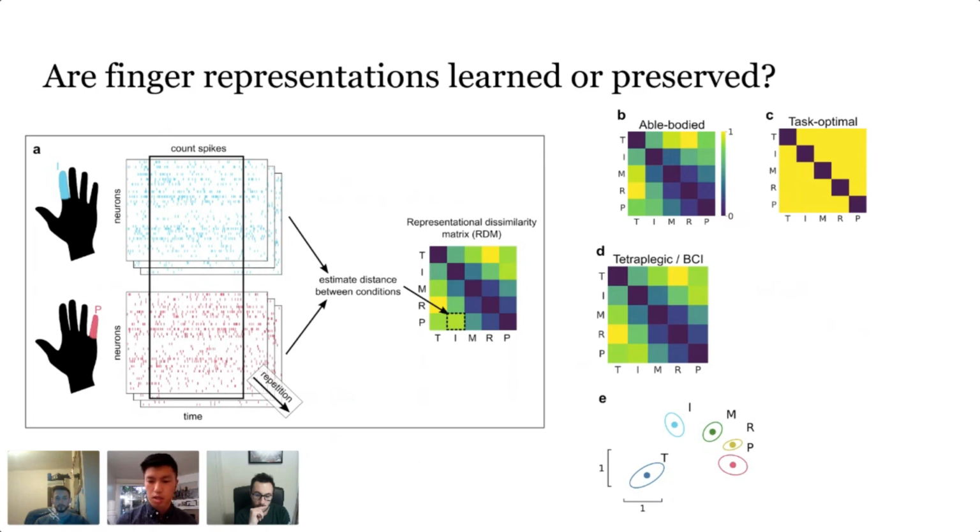And the ellipses here are confidence intervals over the 10 sessions. If we want to more rigorously quantify the match between our results and the models, we can use an unbiased cosine similarity. And in this violin plot, you can see that our results match the able-bodied model much more strongly than the task optimal model.